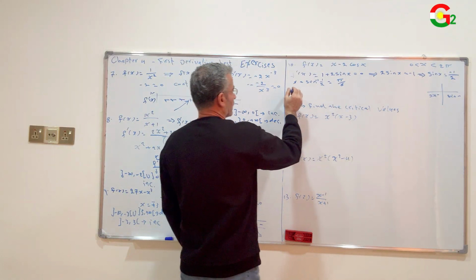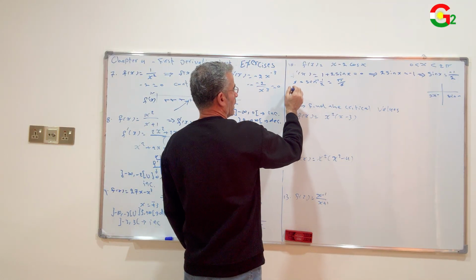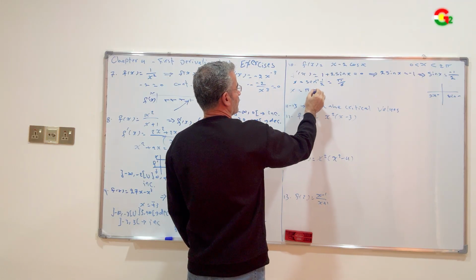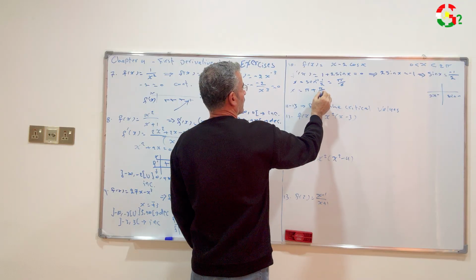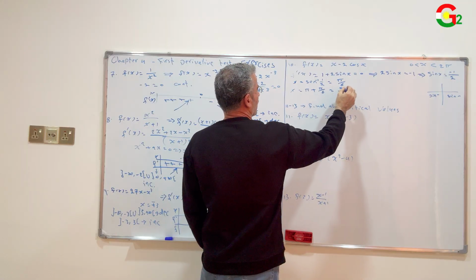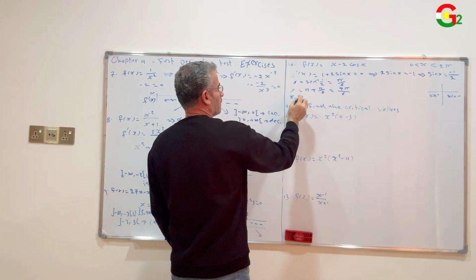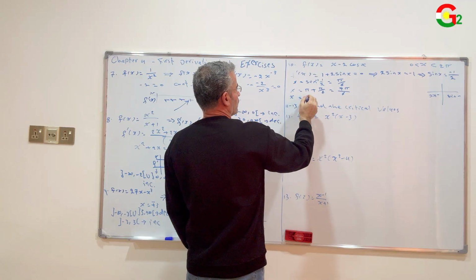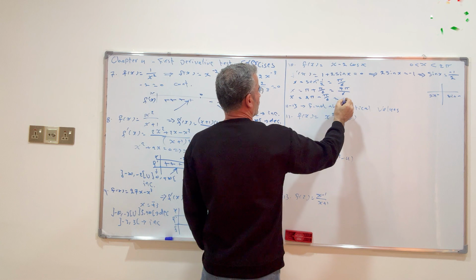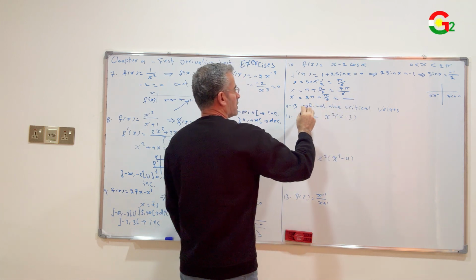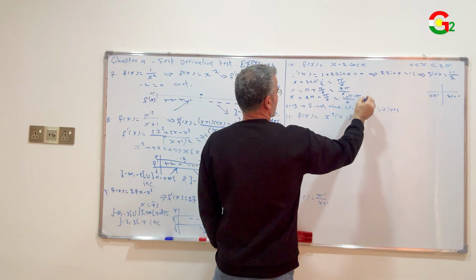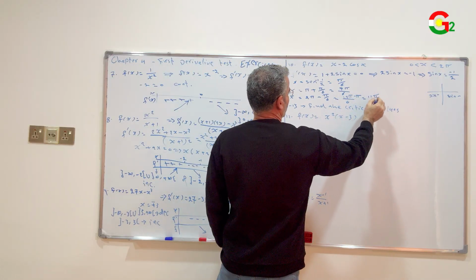In quarter 3, x equals pi plus pi over 6, equal to 6 pi plus pi, 7 pi over 6. In quarter 4, x equals 2 pi minus pi over 6, equal to 12 pi over 6 minus pi over 6, equal to 11 pi over 6.